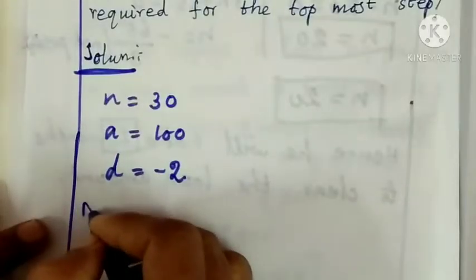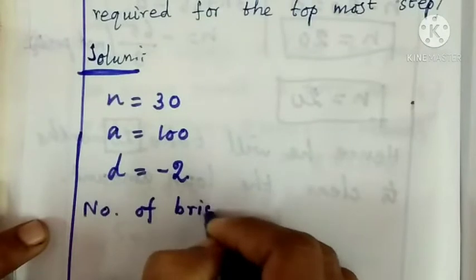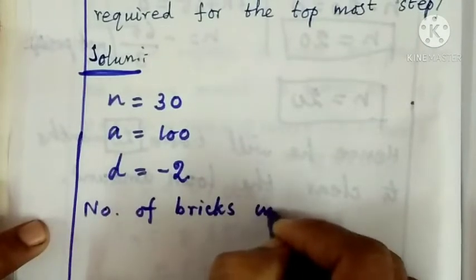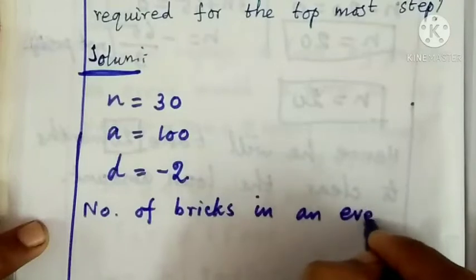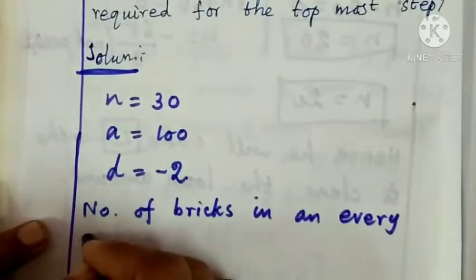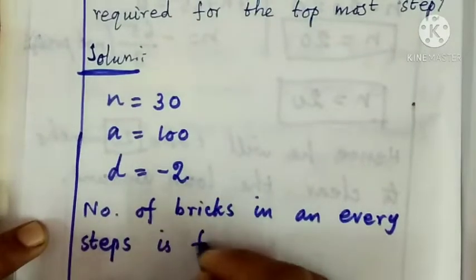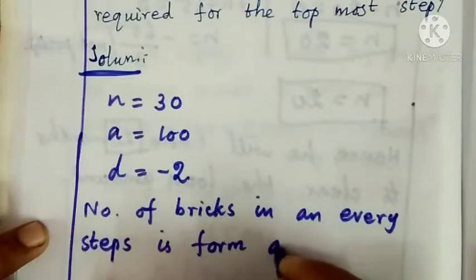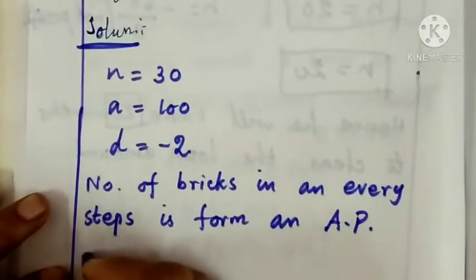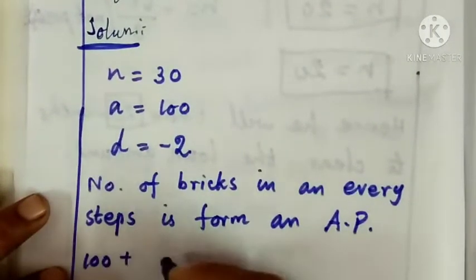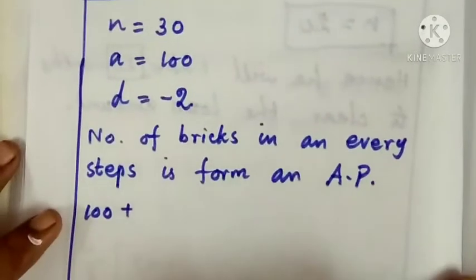This we know that the number of bricks in every step forms an AP, that is 100 plus less than 2.